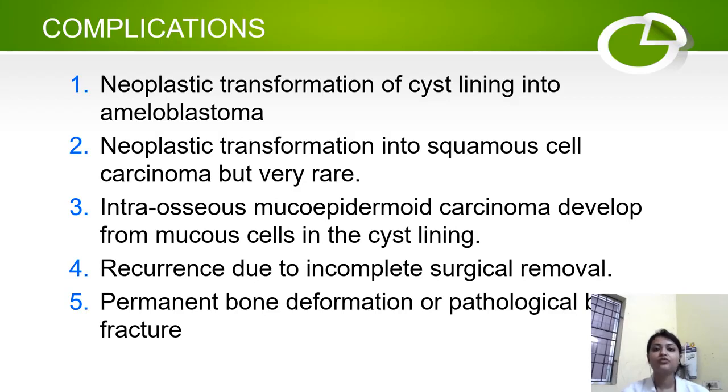If it is undergoing mucous metaplasia, from that mucoepidermal carcinoma can also develop. Then recurrence due to incomplete surgical removal. As I mentioned before, incomplete surgical removal can result in recurrence. Fifth is permanent bone deformation or pathological fracture. So it's not that every time dentigerous cyst will lead to all these complications. Sometimes it may lead.